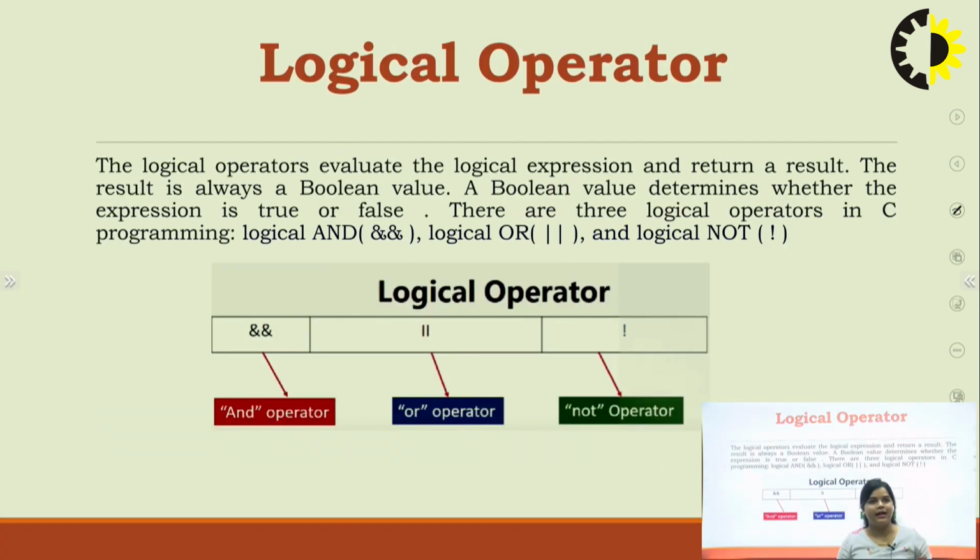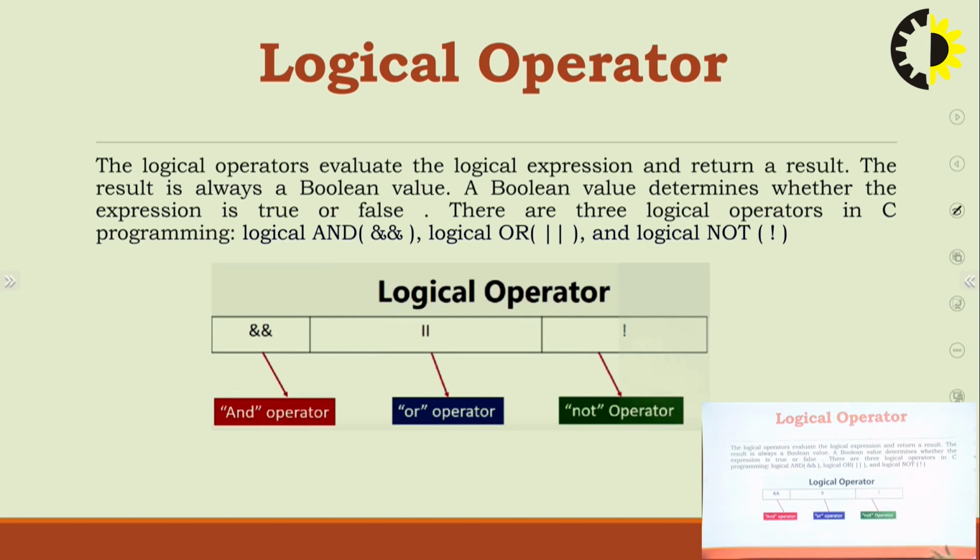Now we'll understand another operator, which is known as the logical operator. The logical operator evaluates the logical expression and returns a result. The result is always a Boolean value, as we have already understood what a Boolean value is. A Boolean value determines whether the expression is true or false.